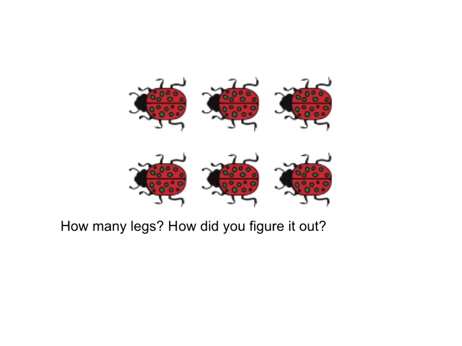So let's get started with some math. My question for you is this: how many legs, and how did you figure it out? Feel free to turn on your mic and talk or to type in the chat box.